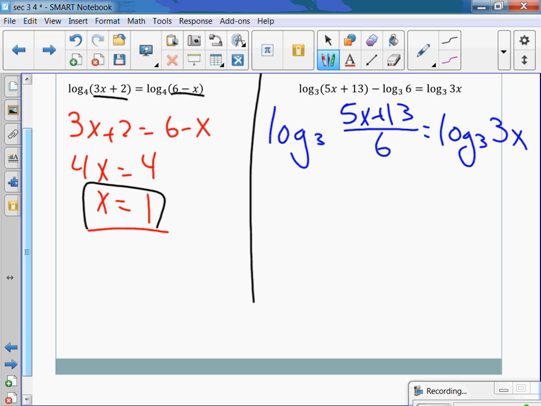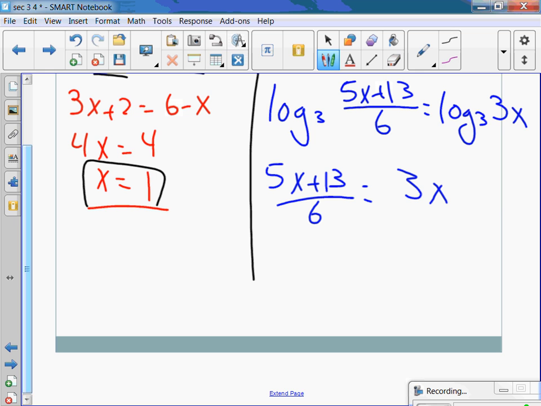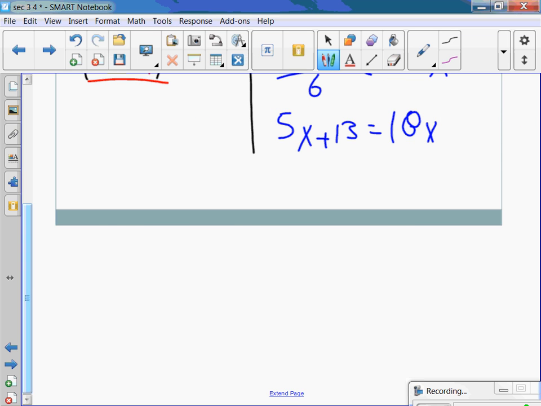Absolutely. Logs disappear. Now we just have that 1-to-1 property. Multiply by 6. x equals 1. And we take a look at that. Sure enough, when we plug in x equals 1, it doesn't give us a negative log anywhere. So this solution works fine.